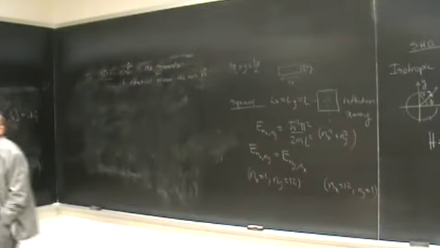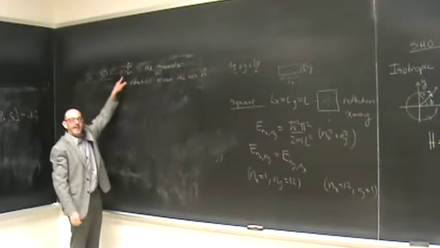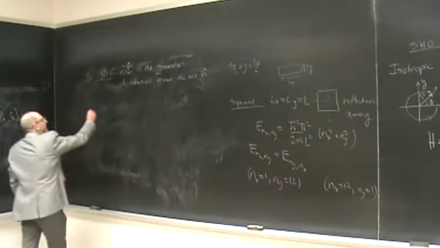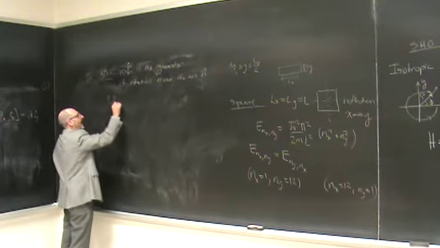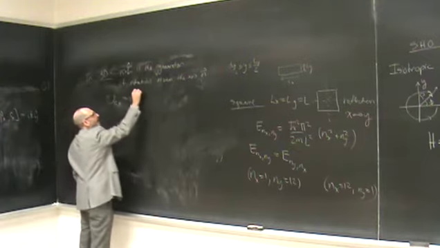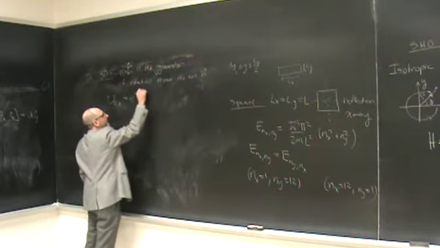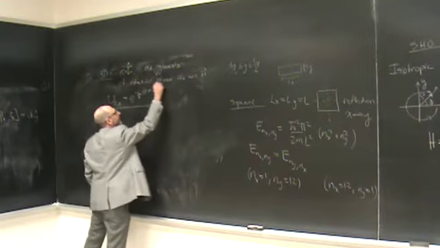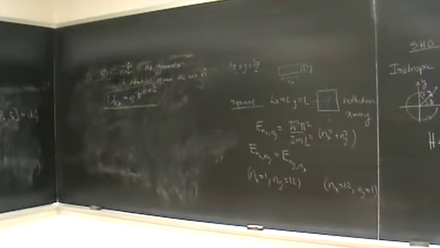Okay? So if n were the z-axis, then this is L_z. If n is the x-axis, or any direction in space. That is to say, given an axis and an angle, my rotation operator is that. So this is the operator that rotates me about the axis n by the angle phi.